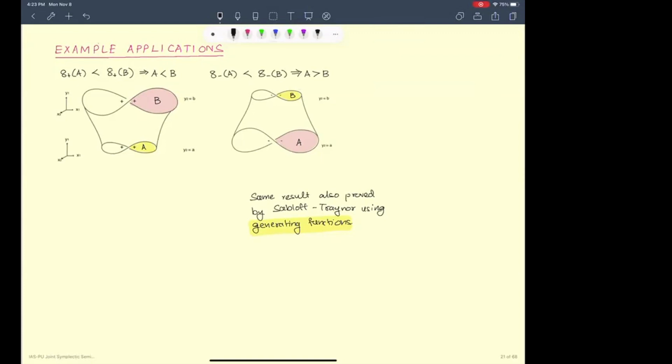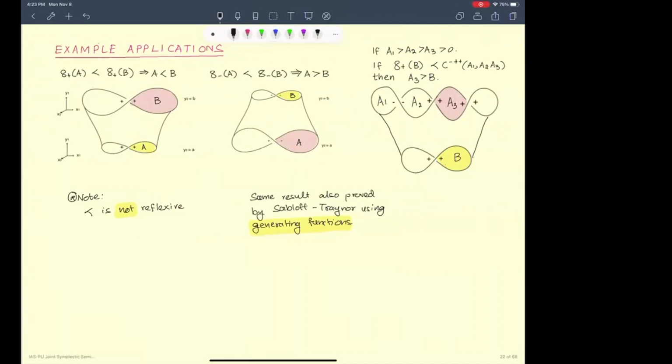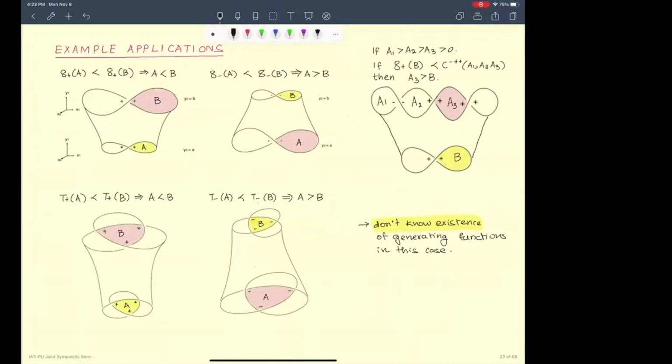So keep talking without visuals for a bit. These things, like the figure 8 ones that you see now, were in a Sabloff-Traynor paper from 2008, where they used generating functions. I'll talk about why this is more general in a bit. And then that picture I was showing you, if you assume some things about A1, A2, and A3, you can say that A3 has to be bigger than B. But then we also get the same sort of growing and shrinking conditions for these trefoils, even though these are not exact Lagrangians.